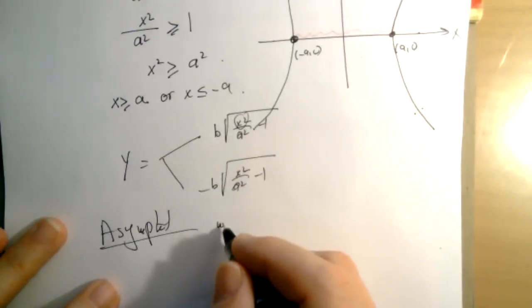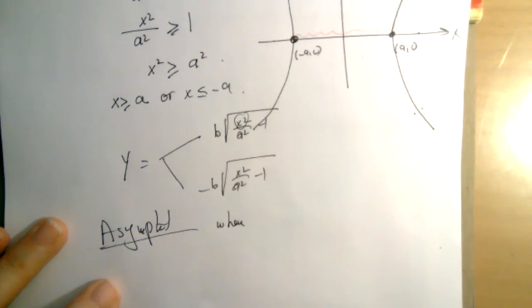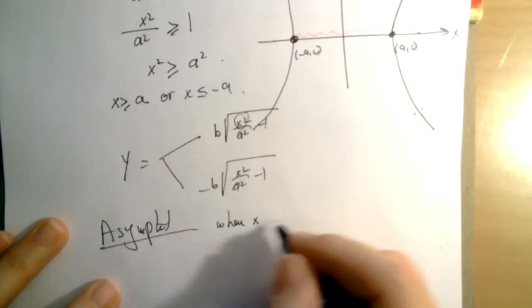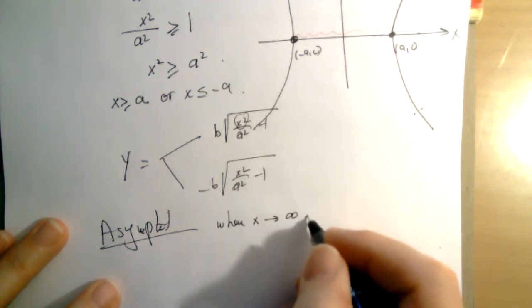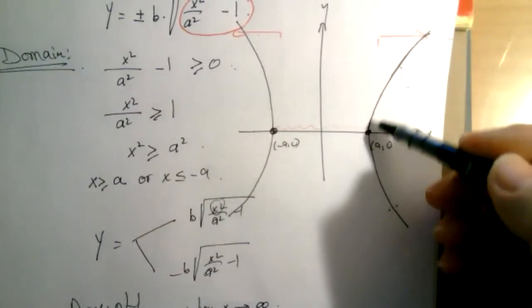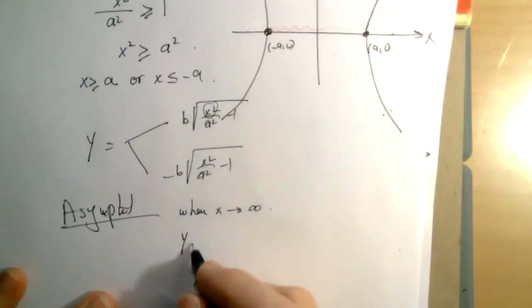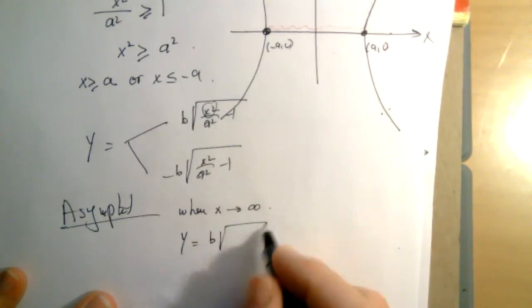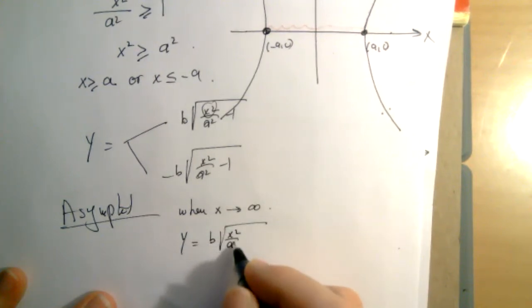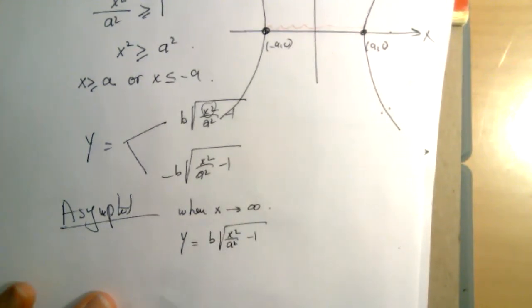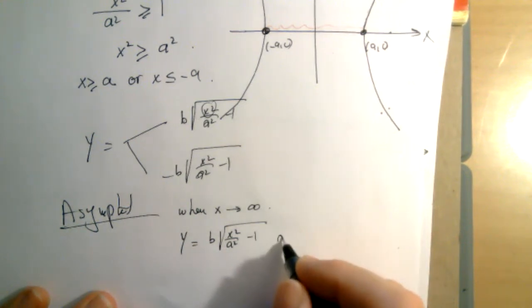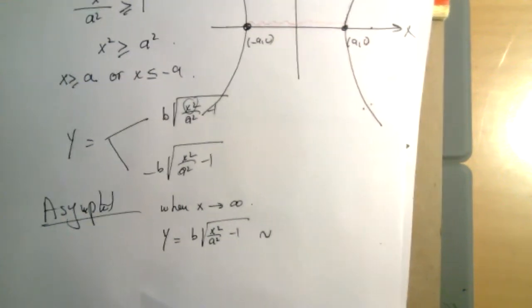When x goes to +infinity, I'm going to take one piece here: y equal positive the square root. When x becomes very large, the value obtained by y will become close to what?